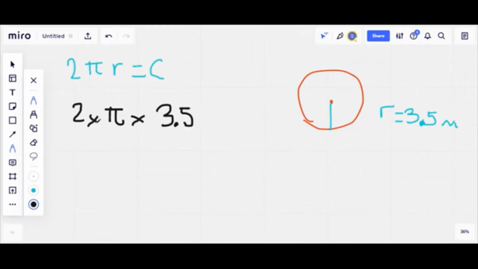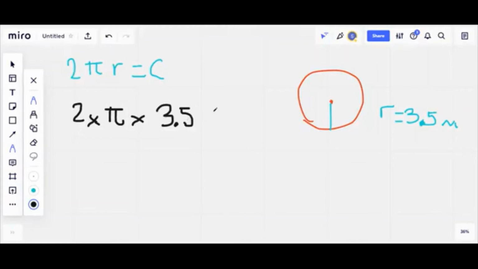So when we're dealing with multiplication, the order in which we multiply does not matter. So we'll still get the same value as if we multiplied 2 by pi by 3.5, if we did 2 by 3.5 by pi. I'm going to do 2 by 3.5 first.